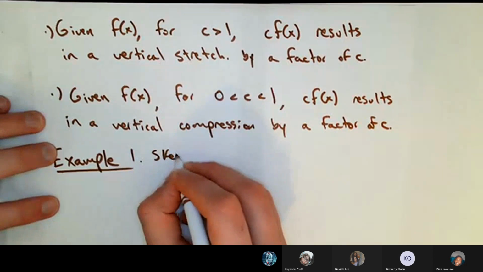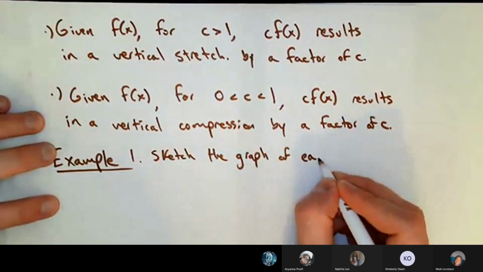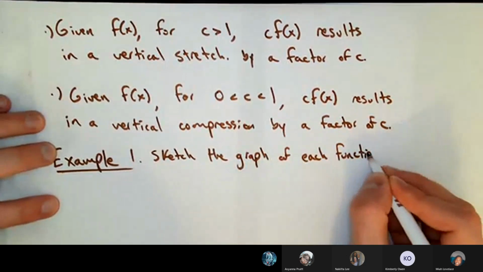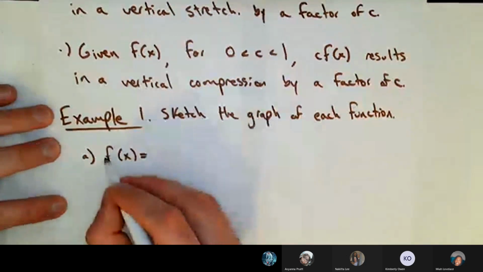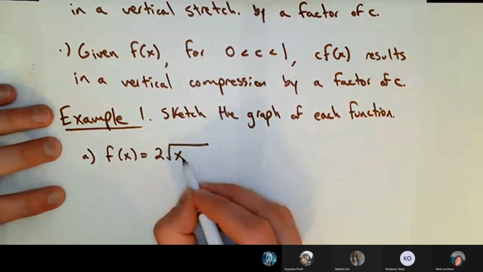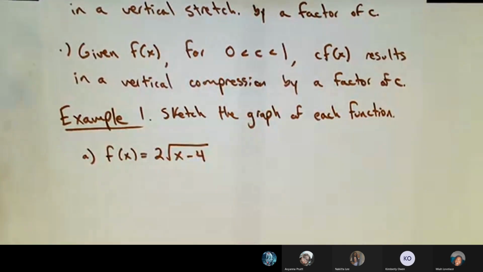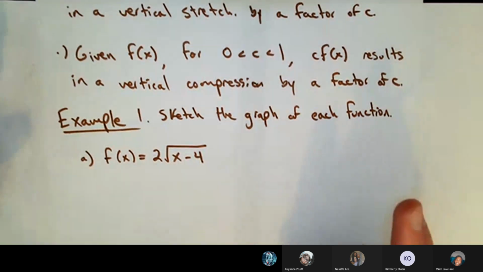So for example, let's let f of x equal 2 times the square root of x minus 4.